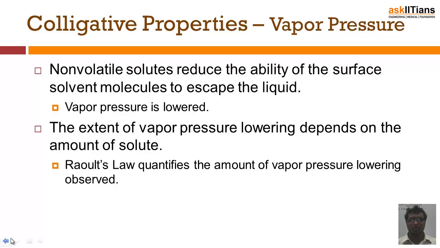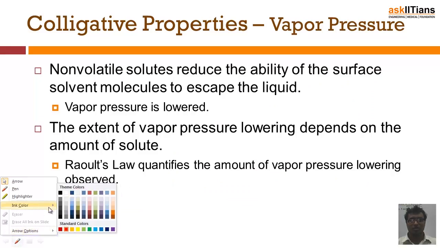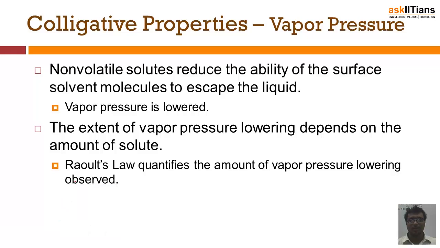We'll discuss colligative properties in our further part, but the important point you have to understand here is that a non-volatile solute reduces the ability of the surface solvent molecules to escape the liquid. We have seen that in the above figure.